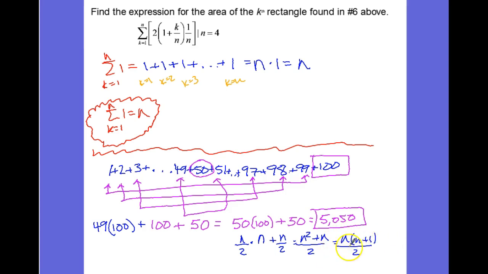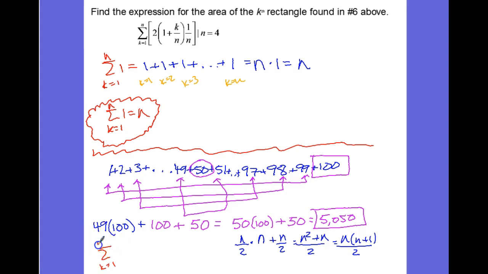Now, I've not proven this. You can prove this. The proof of this uses something called mathematical induction, which comes from number theory and is beyond the scope of this course. So I feel somewhat justified in giving this to you just as a theorem that you can use. Just commit to memory.